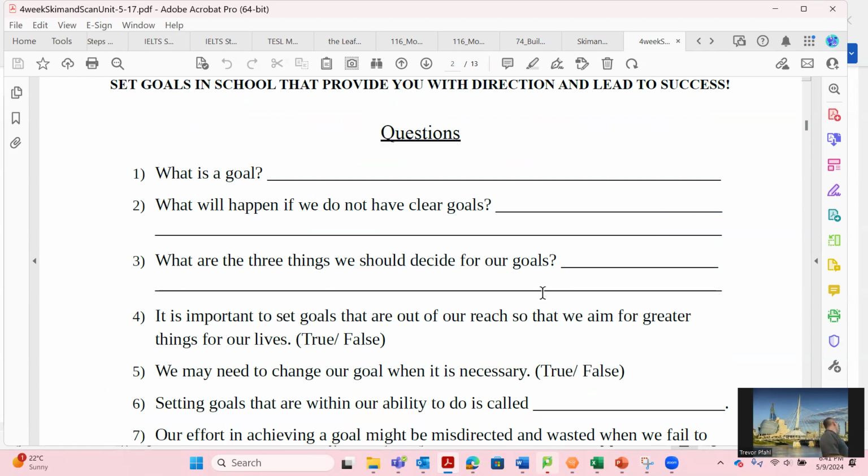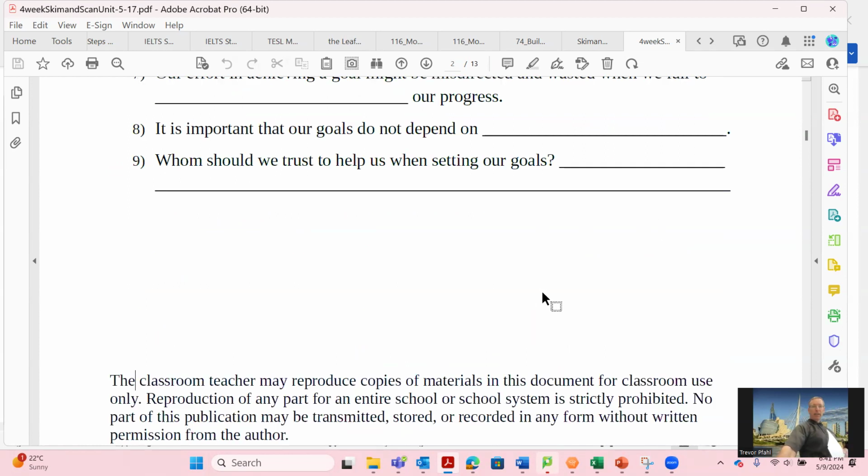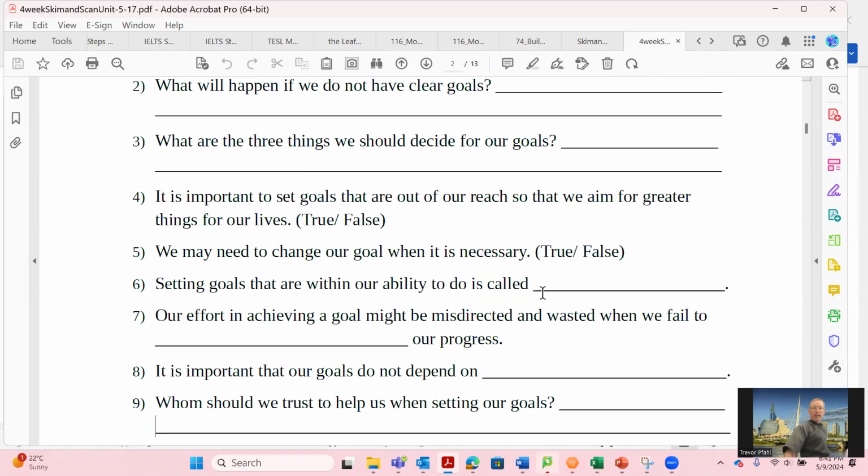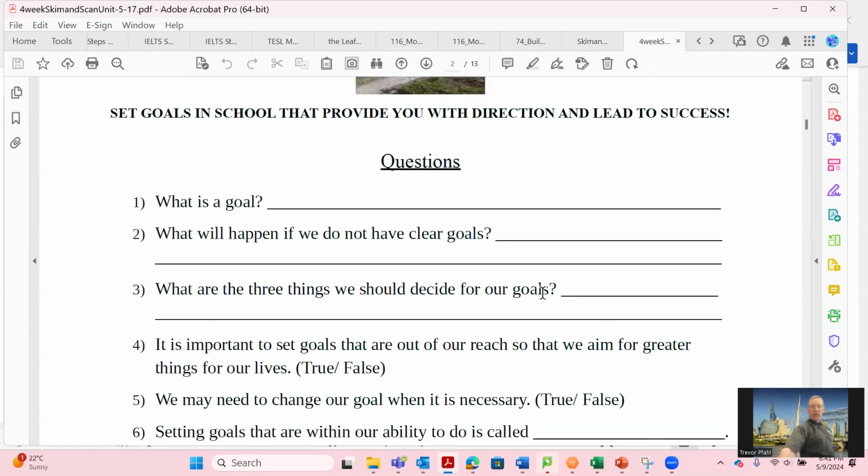Okay. We may need to change our goals when it is necessary. True. Yeah, because you need to measure and monitor every week or every month to see how you're doing. Okay, setting goals that are within our ability to do is called... I'm just skipping this question.